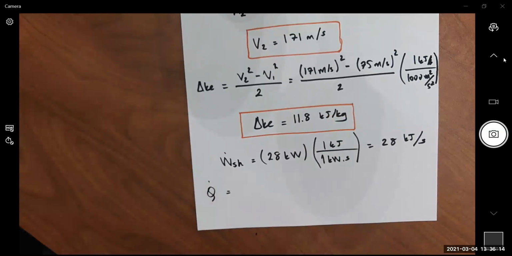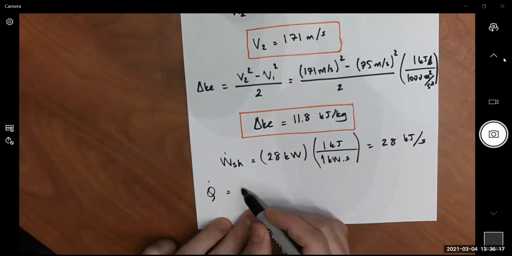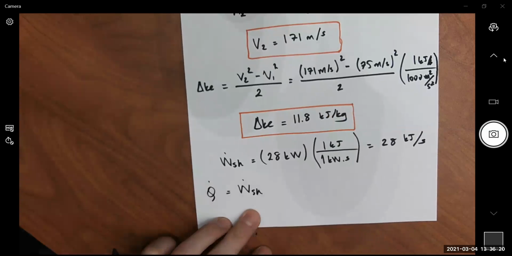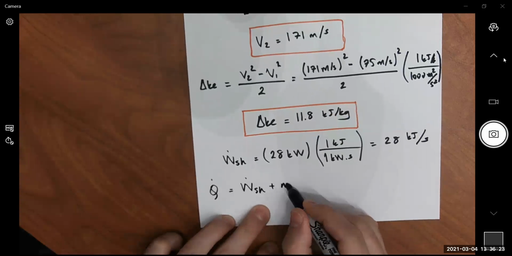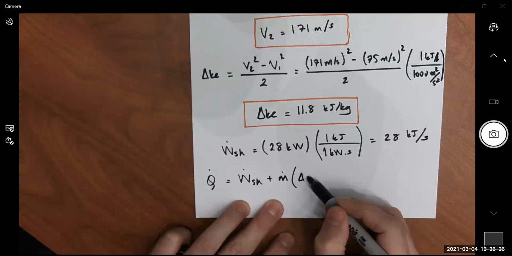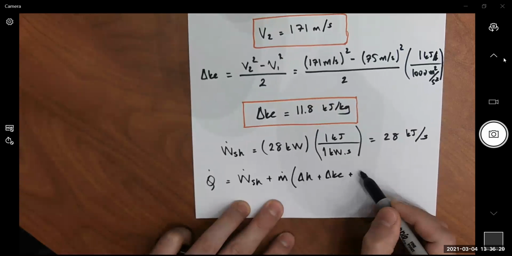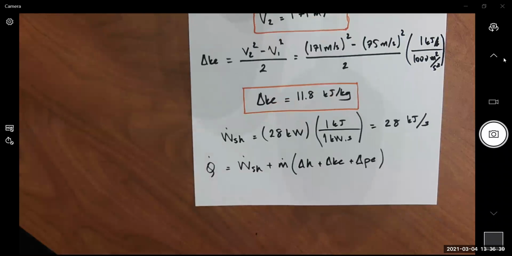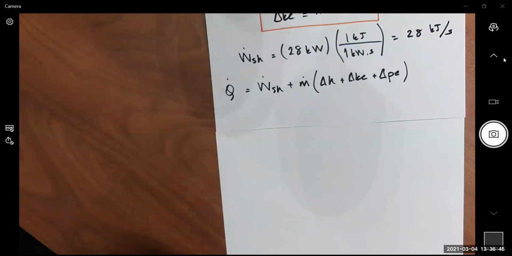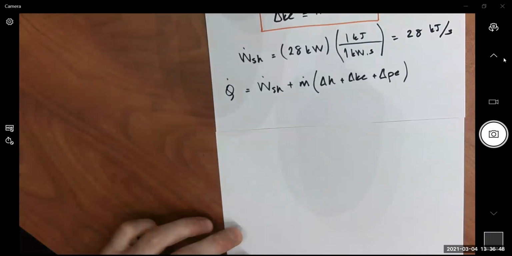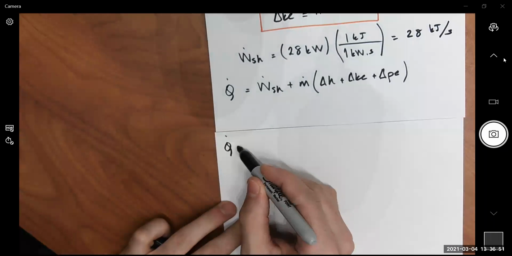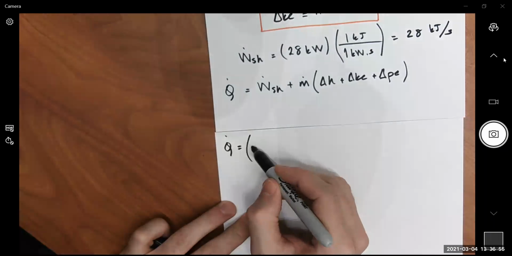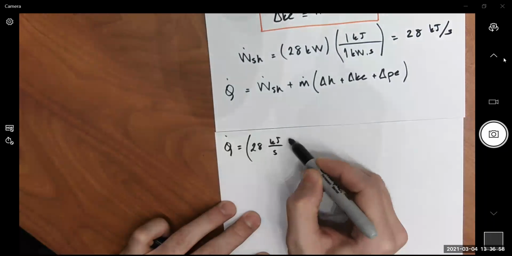Q, heat entering the system, will be equal to work shaft, from the first law of thermodynamics, plus mass flow rate times enthalpy difference plus kinetic energy difference plus potential energy difference. Work is 28 kilojoules per second.